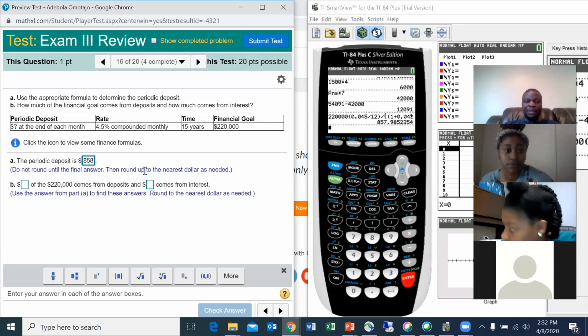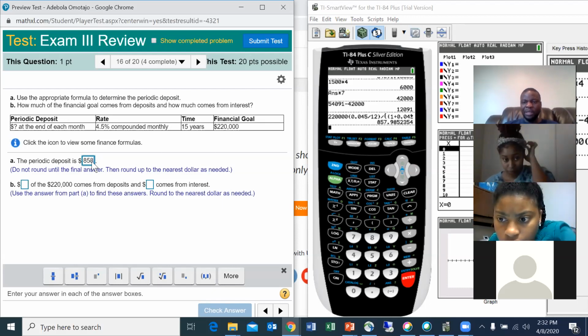And I'm doing that not because this is 98 cents or 99 cents. Even if this was like 5 cents, I'm still going to increase this by $1. Your financial goal, you always make sure you round up, never round down.